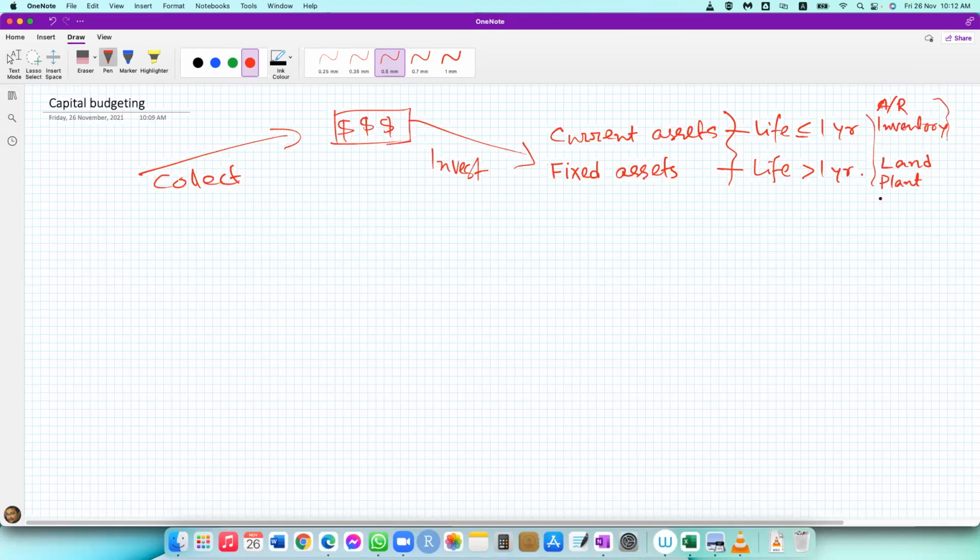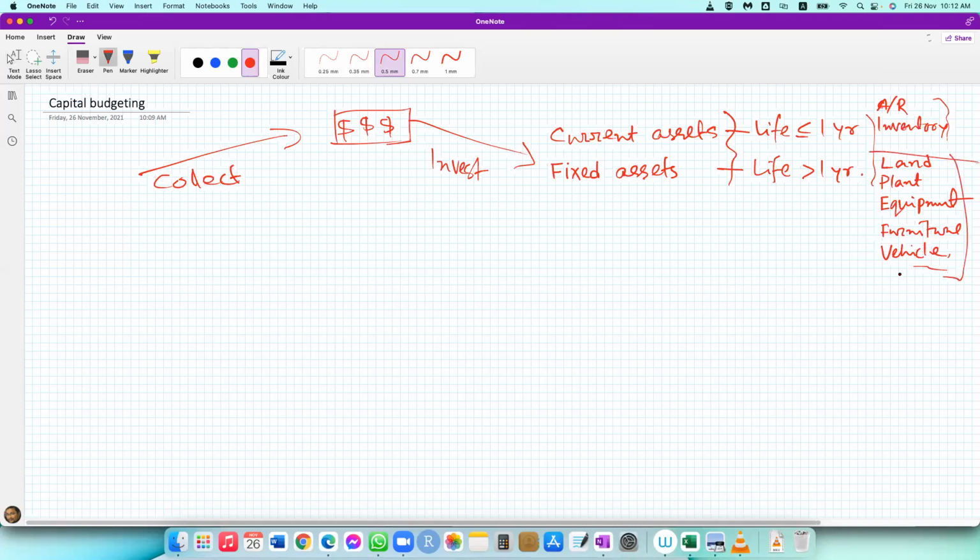Then patent, equipment, furniture, vehicle, etc. So these kinds of things are fixed in nature, because those assets will continue for a very long period of time with the organization, and they will help the business organization to generate cash flow for a longer period of time.